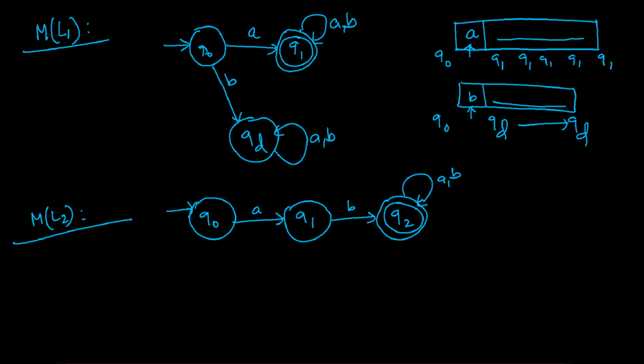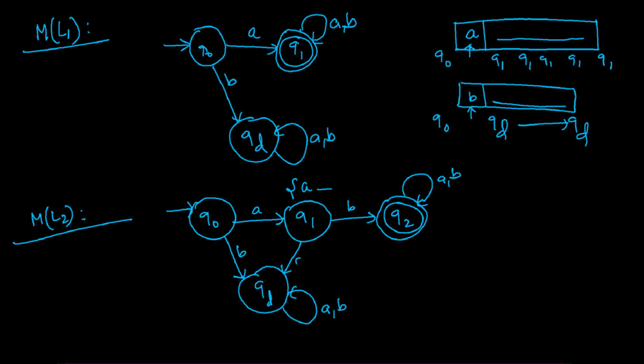If the string starts with B, then it goes to a dead state. Similarly, when you are at Q1, the string we have seen so far is A. After A, if B comes, you go to Q2 and accept the string, and if A comes, there is no way you are going to accept the remaining string.